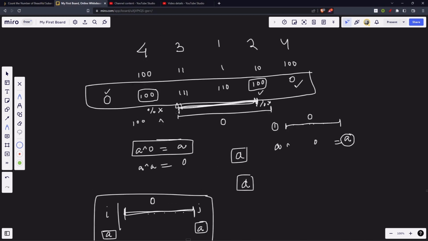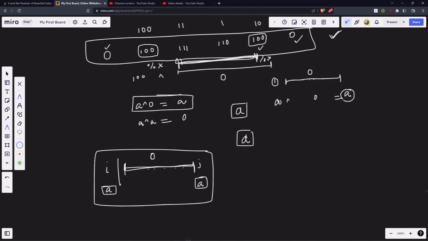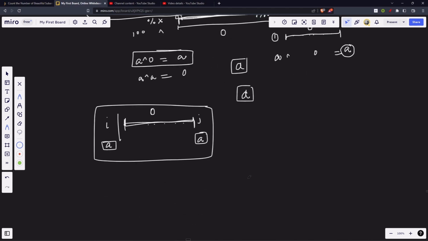We are going to take prefix XOR, and if we see that a XOR result has already been achieved in the past, then that means we had a good subarray. Let's see how we are going to do that. 4 3 1 2 and 4. Initially our XOR is 0. Here it's XOR of 0 and 1 0 0, which is 1 0 0.